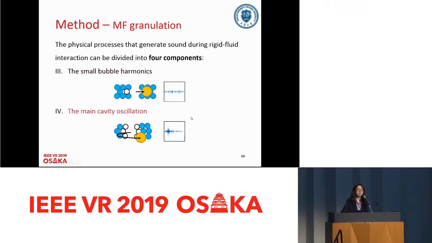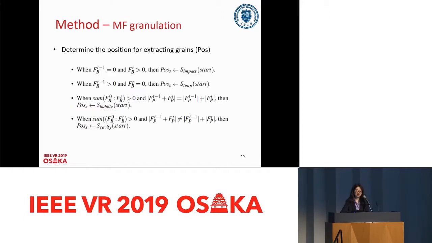After we divide the grains into 4 parts, we determine the position for extracting grains. For example, when the buoyancy equals 0 at t-1 and is larger than 0 at time t, then we will set the position as the start of the impact sound.